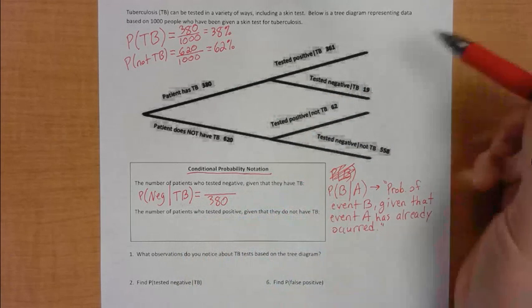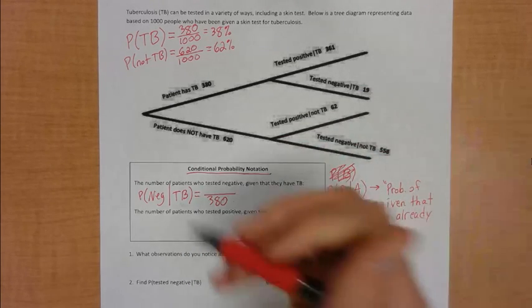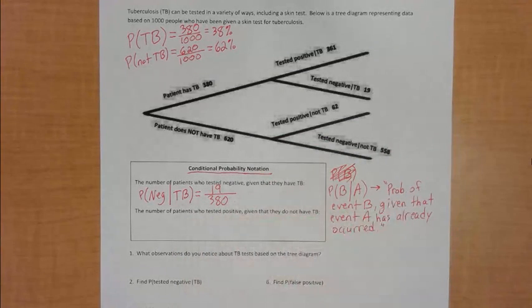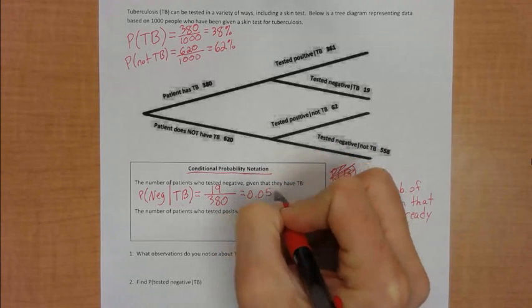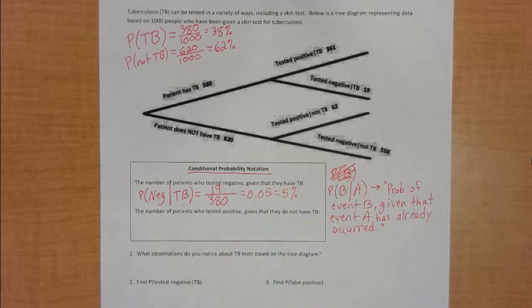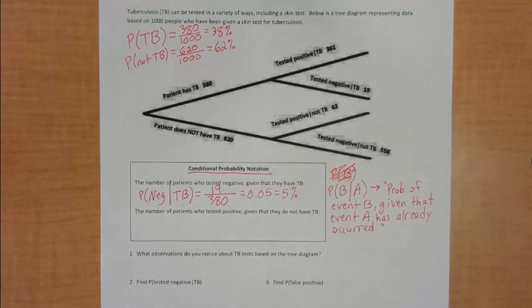Given that we're picking out of those 380 people, 19 of them end up having a negative test. So 19 divided by 380 gives exactly 0.05 or 5%. We have a 5% chance of testing negative if we are a TB patient, so a false negative has a 5% chance of happening given this whole scenario.